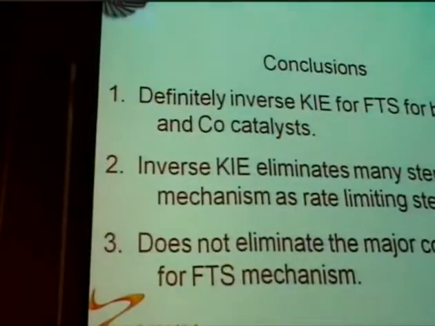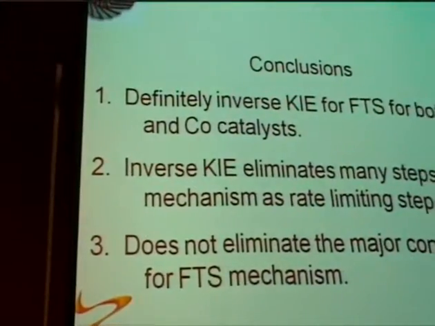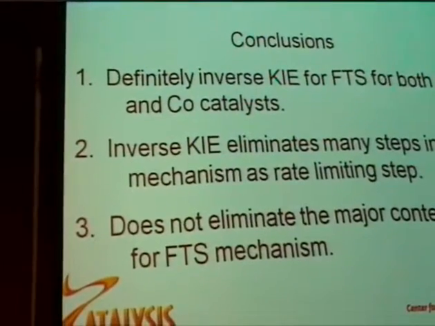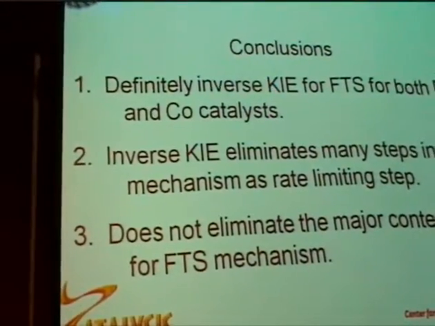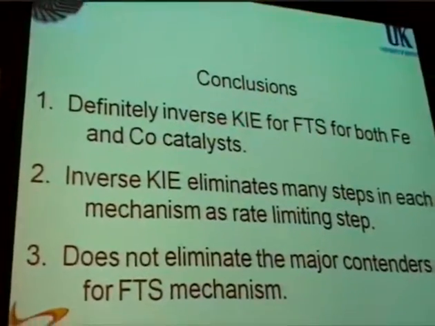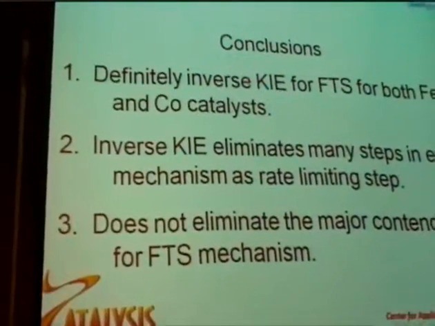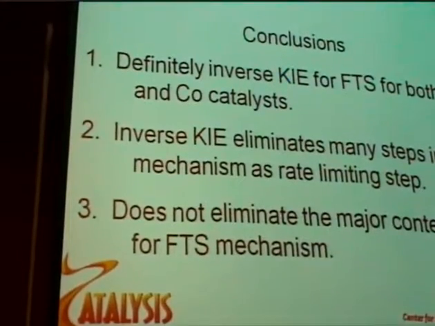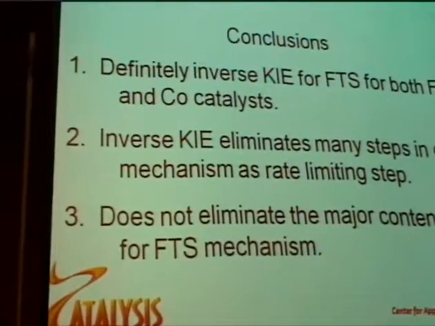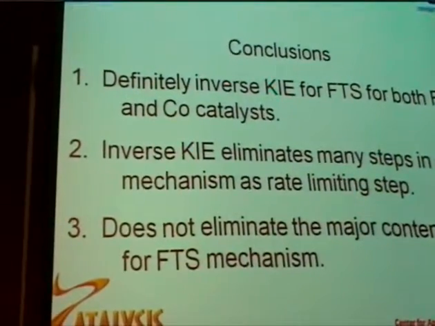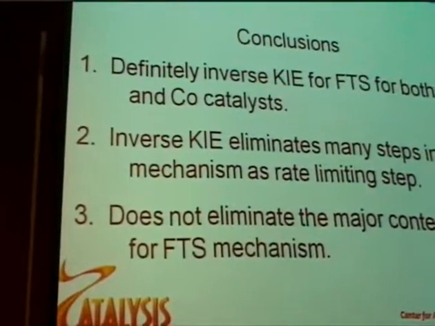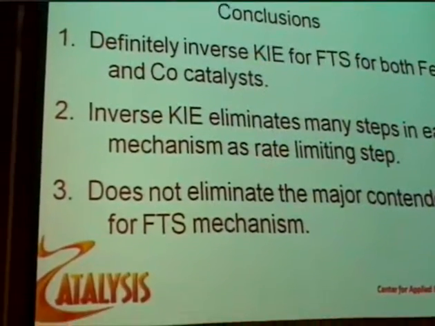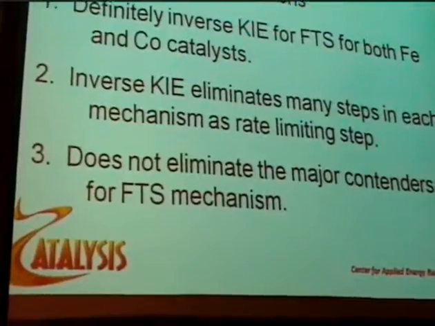So what is the conclusion that we reach? There's definitely an inverse kinetic isotope effect. The inverse isotope effect eliminates many of the steps that you see in the cyclic reaction as being rate limited. But with the data we've accumulated so far, we're not able to throw out any of the mechanisms.